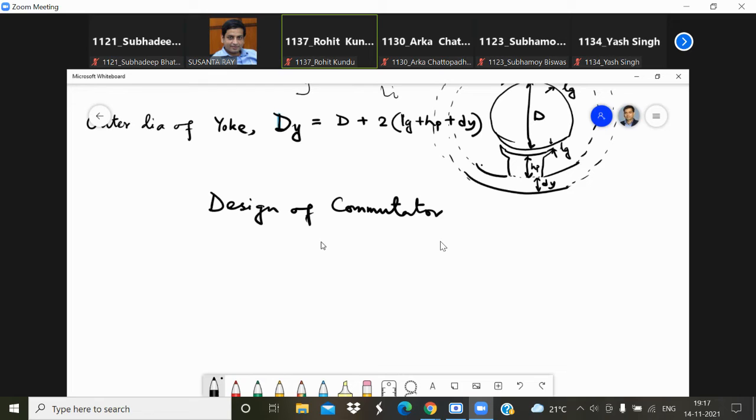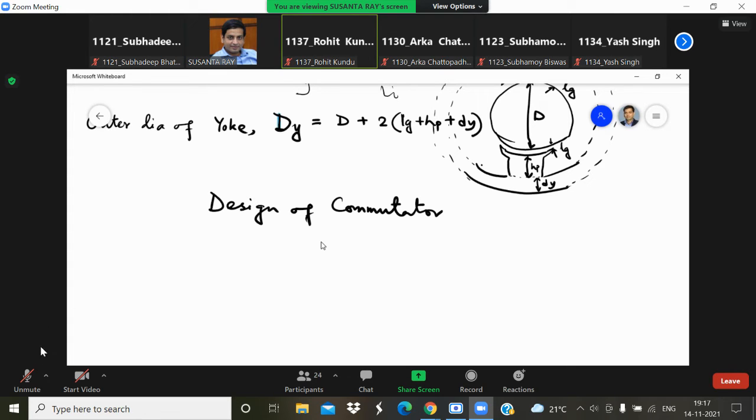Okay, sir. So for 160 kilowatt machine, my outer diameter of yoke is 640.94 millimeter. Okay, I think.